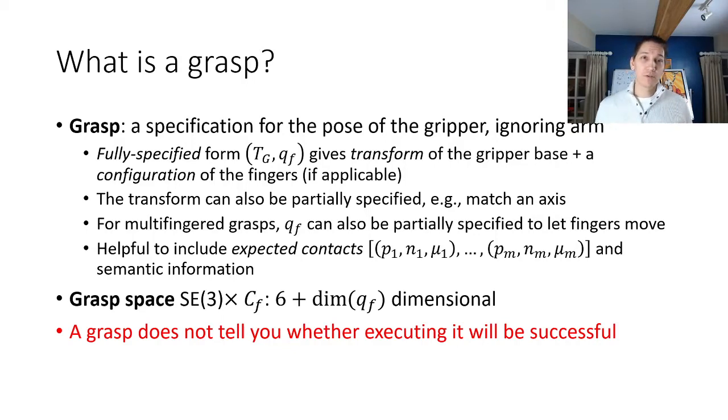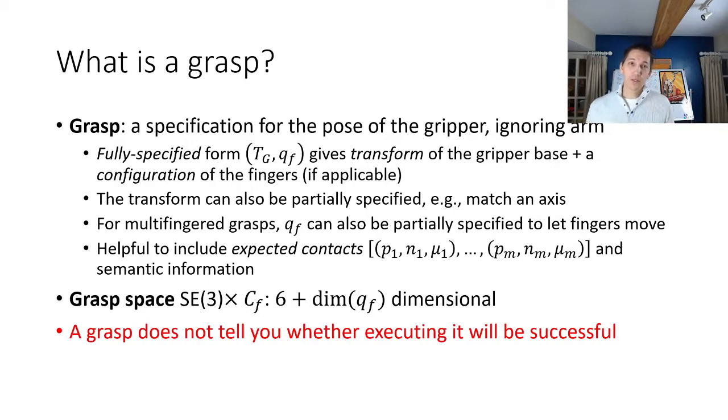It's also very helpful when reasoning about grasps to include the expected contact points, the positions, normals, and friction coefficients, and also possibly semantic information such as what object you're grasping and what are its properties. In any case, the most fully specified form of a grasp is going to be a combination of SE(3), so the pose, plus the configuration space of the fingers, which can be high dimensional in the case of multi-fingered hands.